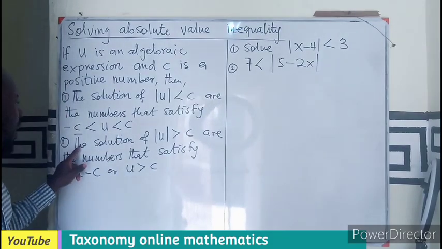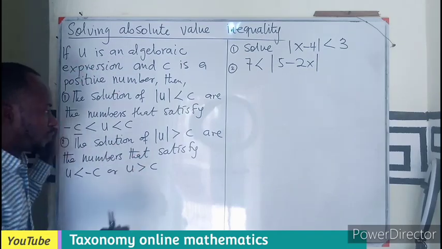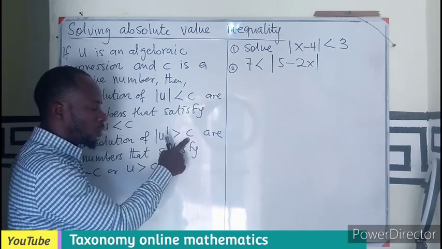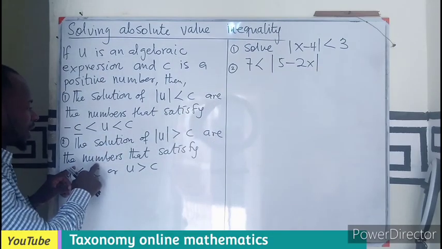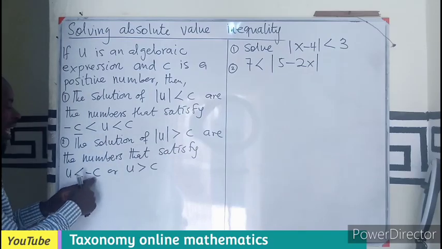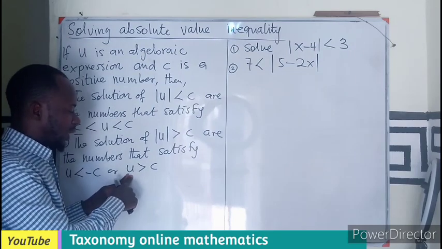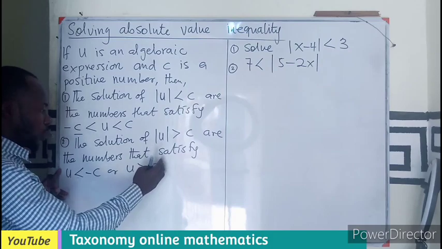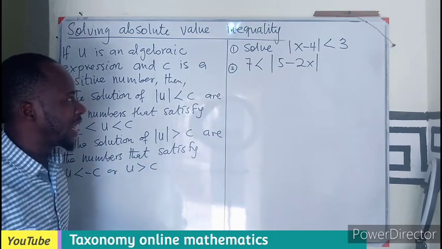Then 2, if the algebraic expression is u, the solution of absolute value of u greater than c, which could also be greater than or equal to c, the solutions are the numbers that can satisfy the algebraic expression being less than negative of the constant or the algebraic expression being greater than the constant. So this your solution will be fine. You find the union of this solution to mean the final answer.